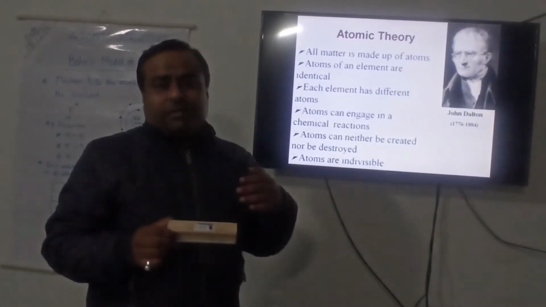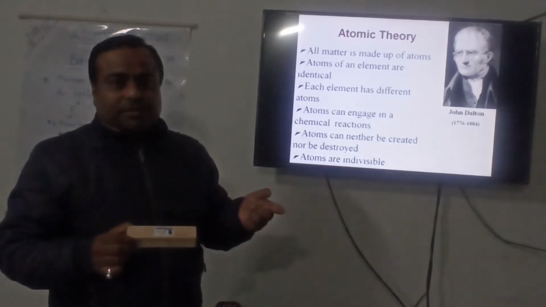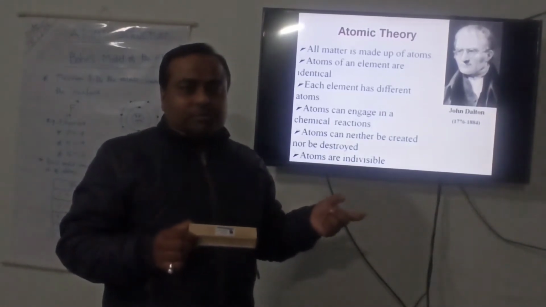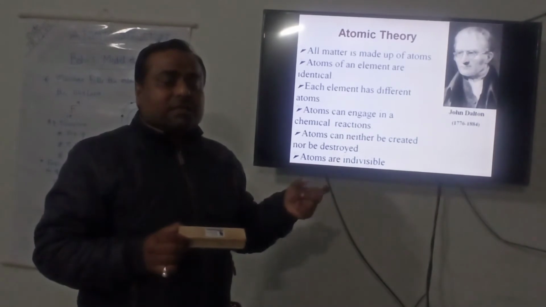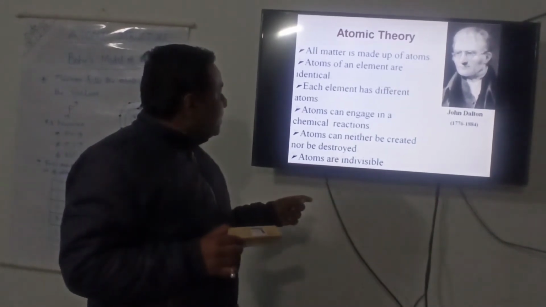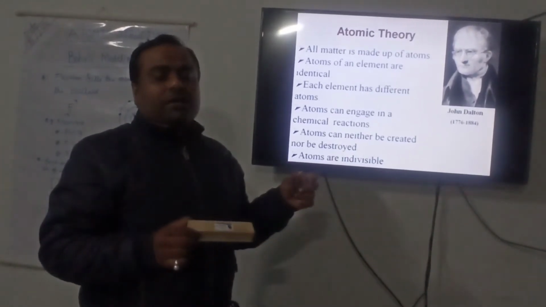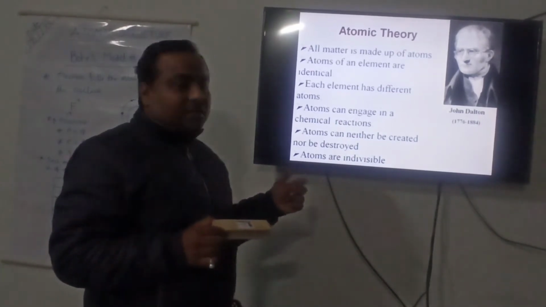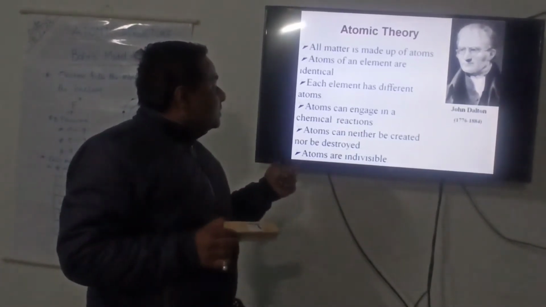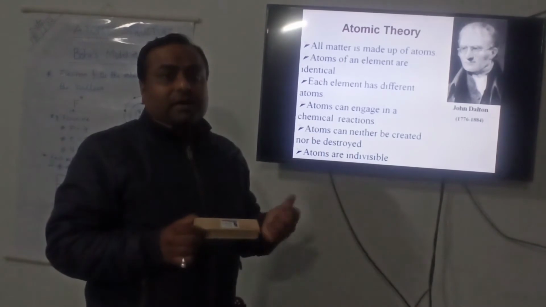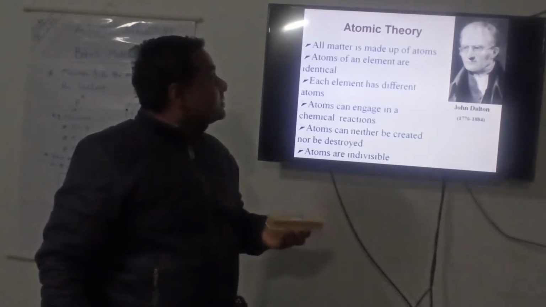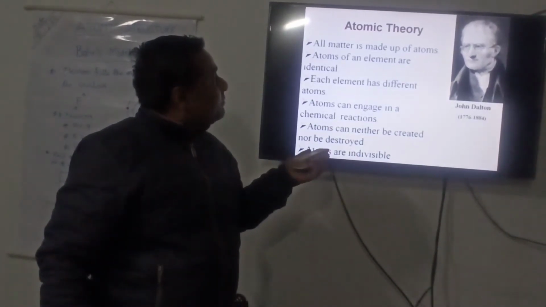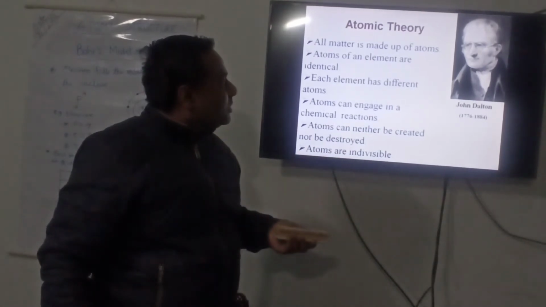In a chemical reaction, only atoms engage, and atoms cannot be created or destroyed, and atoms are not divisible. This is the concept of atomic theory given by John Dalton.